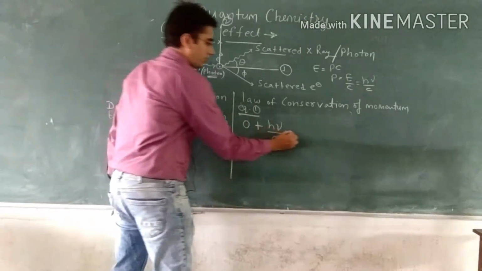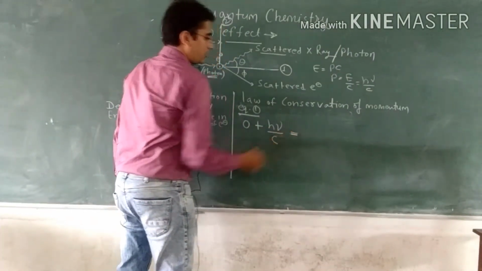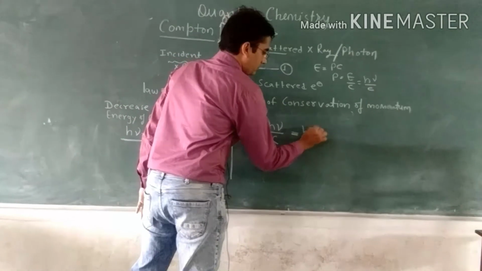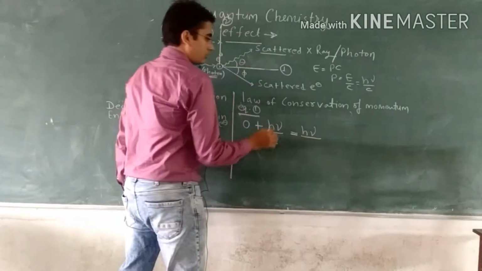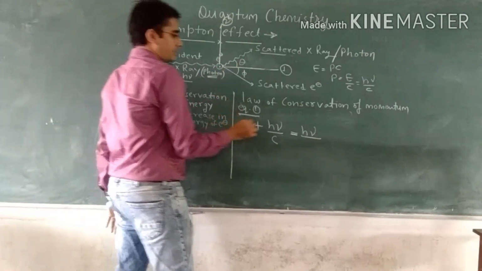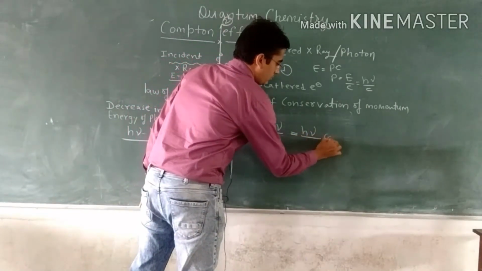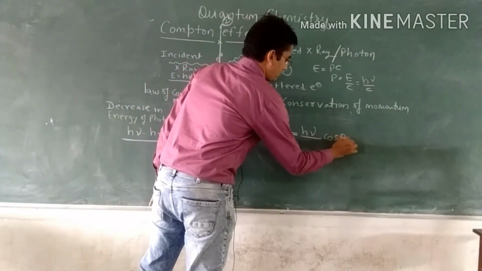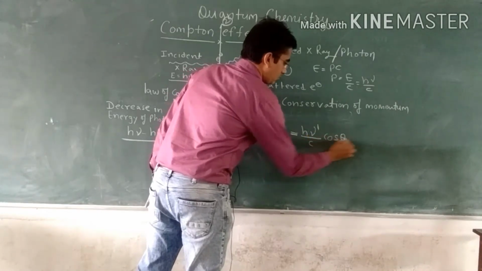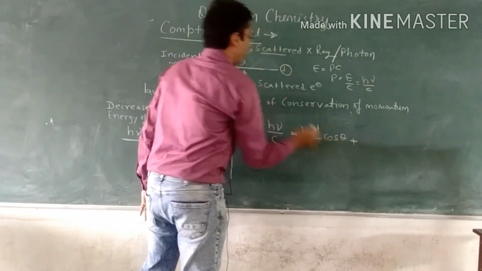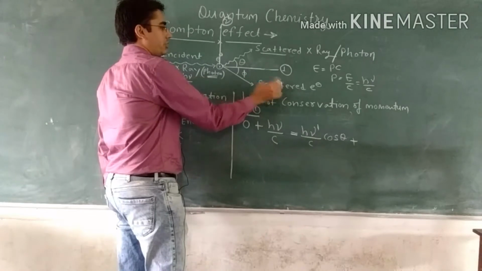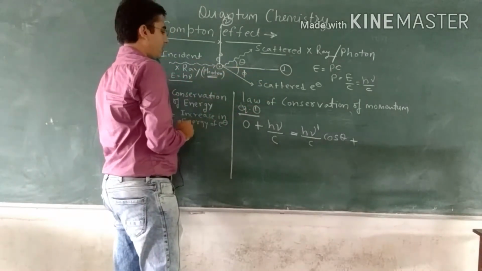Now after collision, momentum will be the momentum of scattered X-ray in the incident X-ray direction and the momentum of scattered electron in the incident X-ray direction.